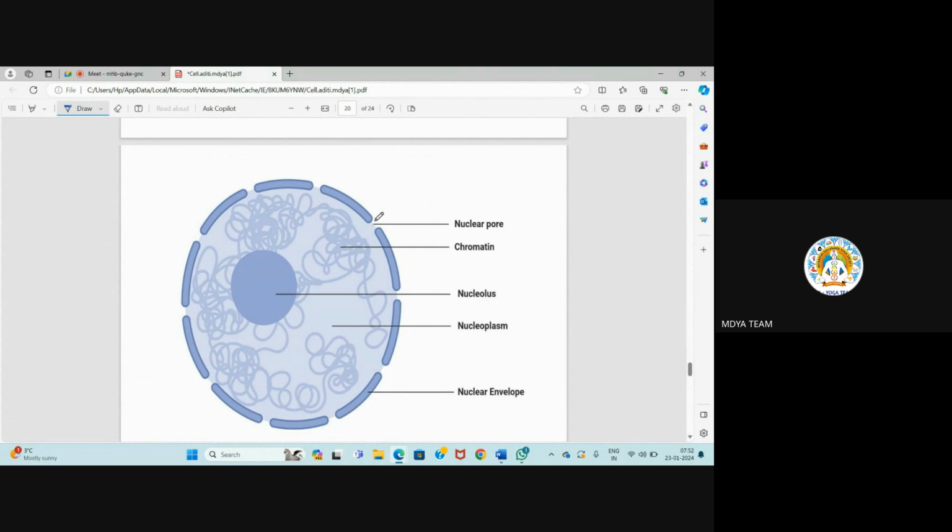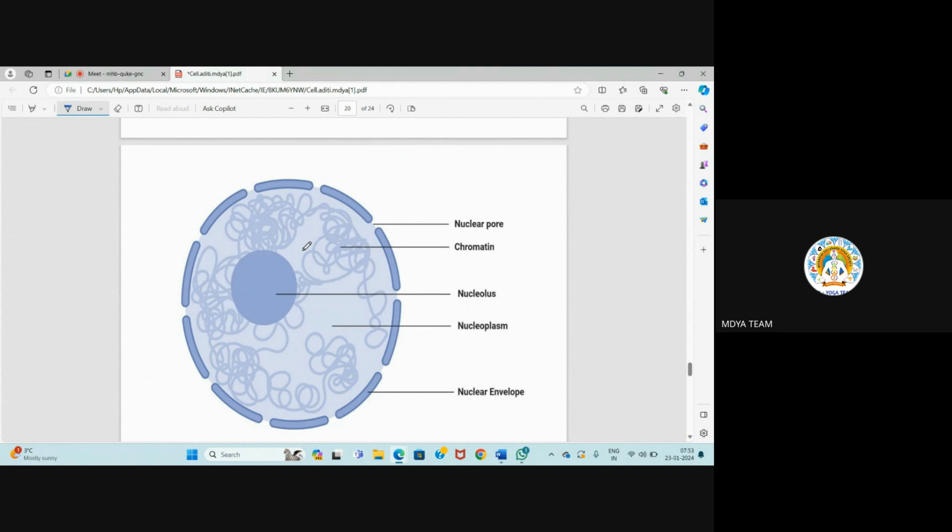The gap is the pore through which things or materials can go in and out of the nucleus. And these blue linings are covering or envelope of nucleus, that is nuclear membrane. And here you can see this thread-like structure. And in the middle you can see the oval shape or rounded structure, that is nucleolus.